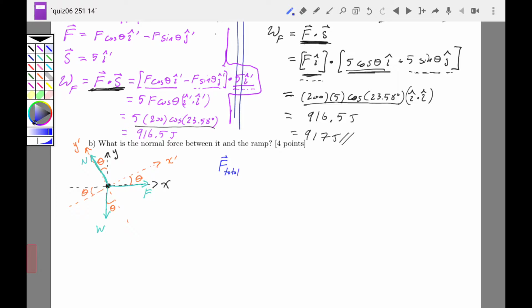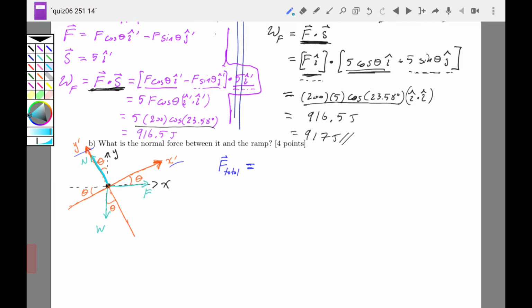So the total force, let's write out the total force in terms of the rotated coordinate system, because that's the coordinate system I want to use. Let me make it a solid line.